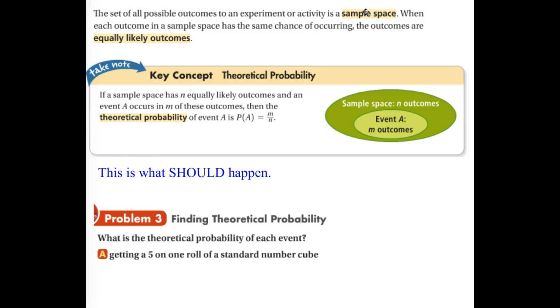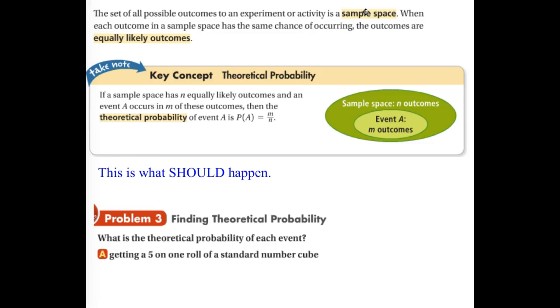So my sample space would be heads and tails. If I wanted the theoretical probability of tossing a coin and getting tails, what would I say? What's the theoretical? What should happen when I toss a coin? 50% chance, yes? I have 2 outcomes, they're equally likely. I have a 50% chance of getting heads and I have a 50% chance of getting tails.